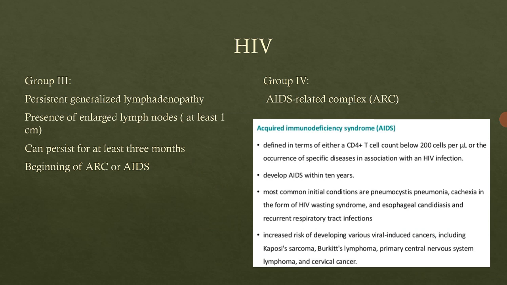So it can go down below 200 cells per microliter, or the person can have various types of infection along with the HIV infection. So that can be the symptom for the ARC or the AIDS.